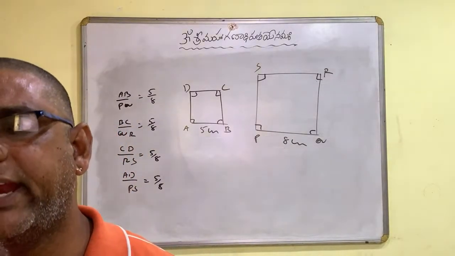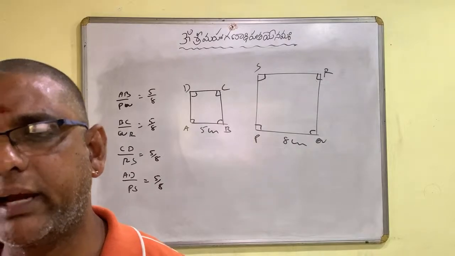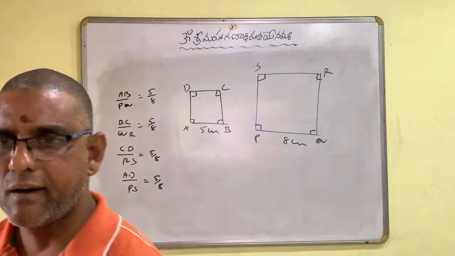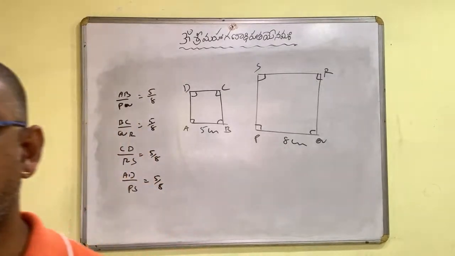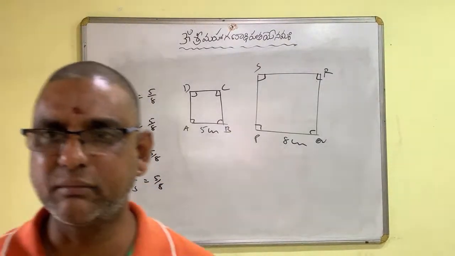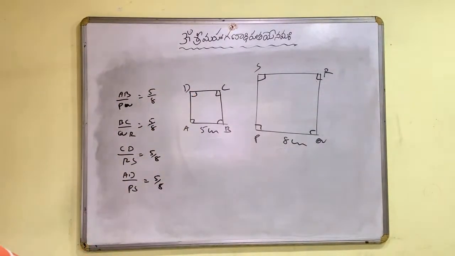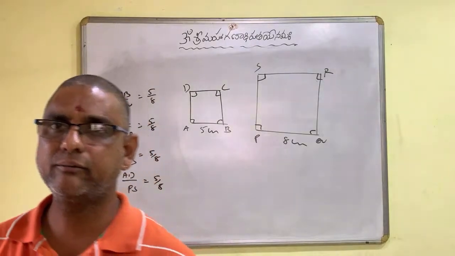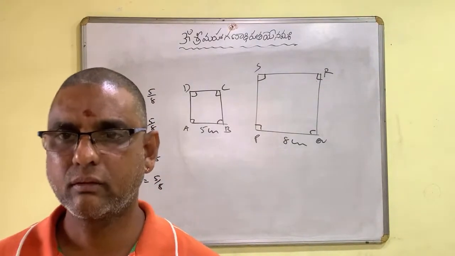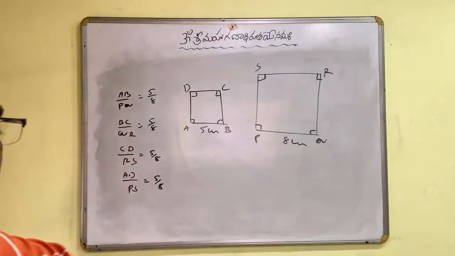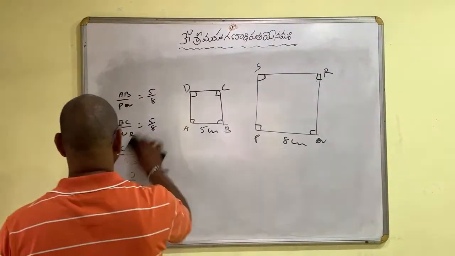Can I say any two squares are always similar to each other? All squares are similar to each other, right? If you consider any two squares, they are similar to each other. Good.